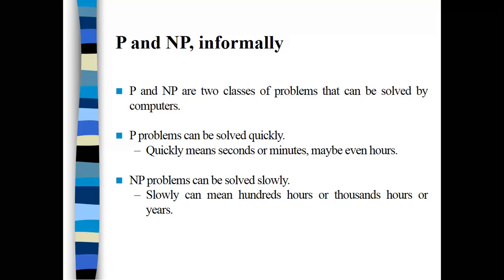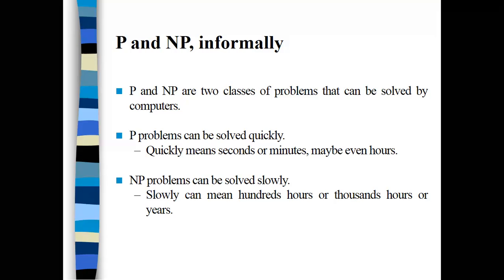These are very small problems that can be solved quickly, and quickly means in seconds or maybe hours. All of these problems lie in the class P. However, NP problems can be solved slowly. Slowly can mean 100 hours or 1000 hours, or sometimes years or months.